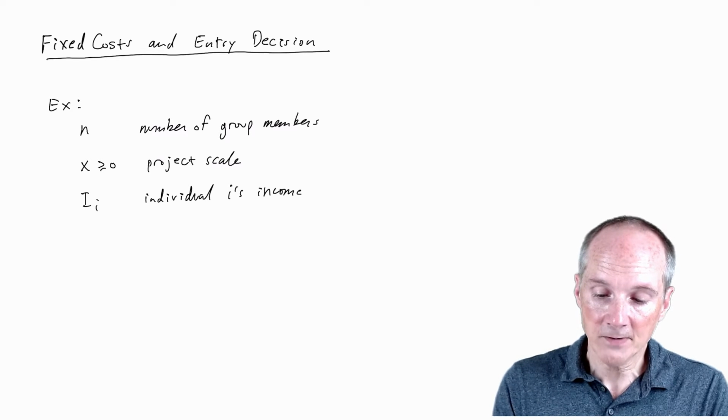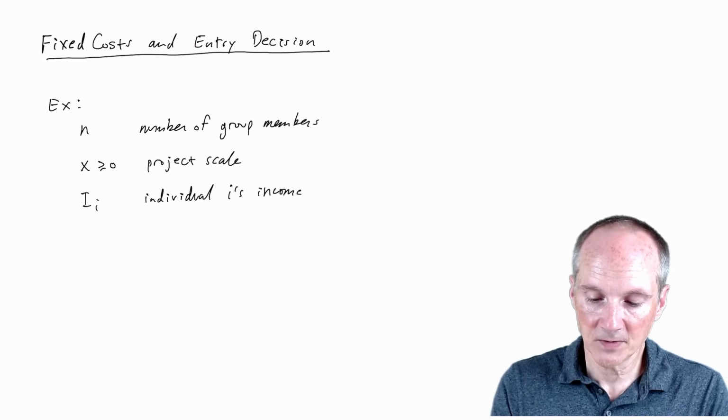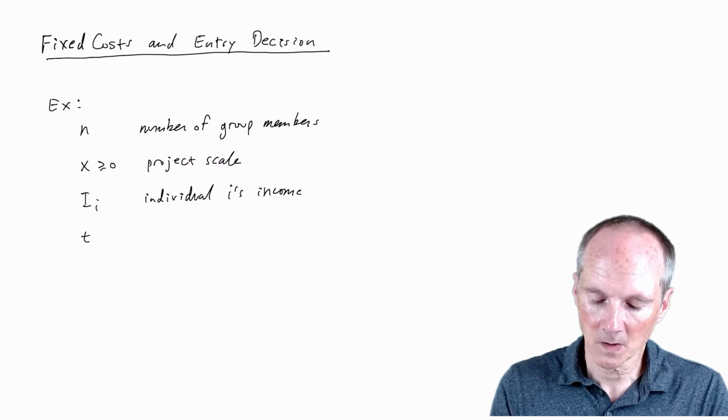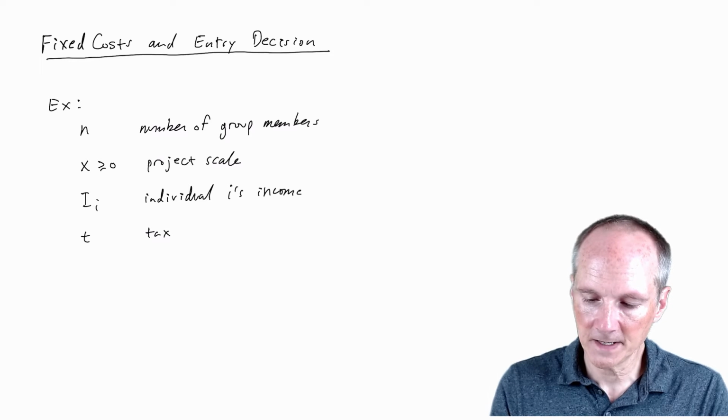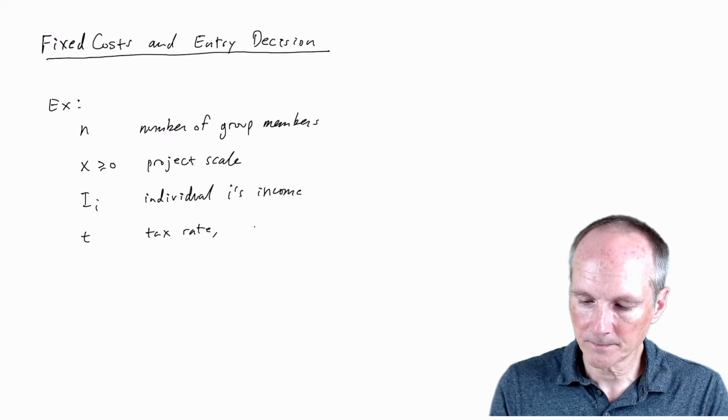How is this project funded? It's going to be funded through some proportional tax. Call the tax rate T, and we'll assume that this has to be between 0 and 1.